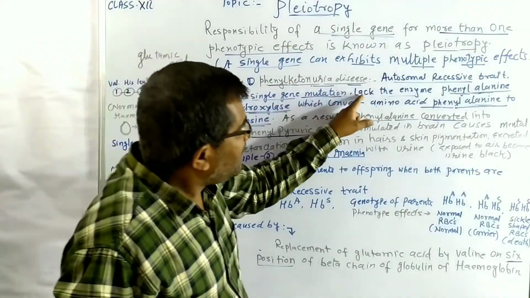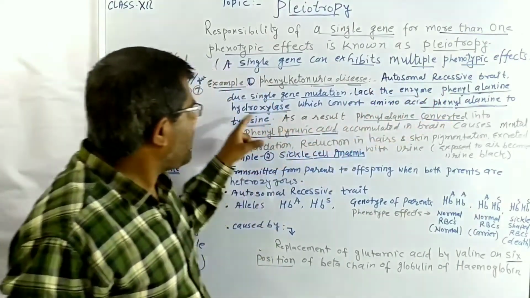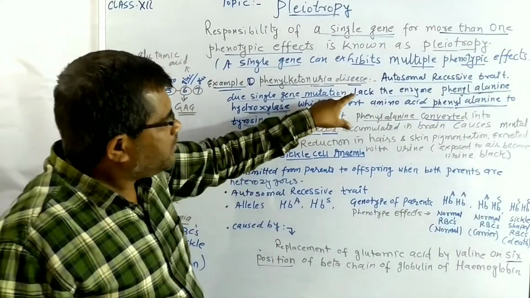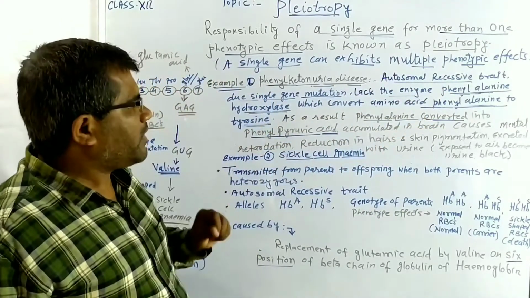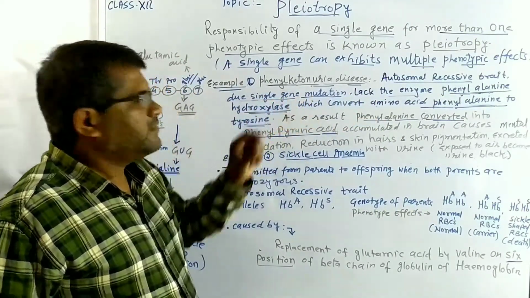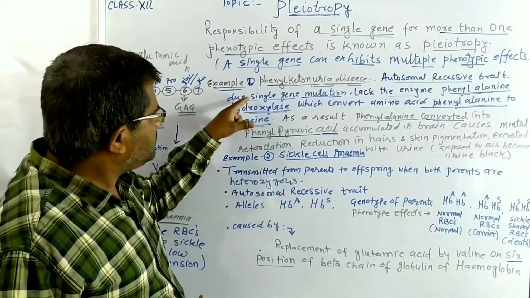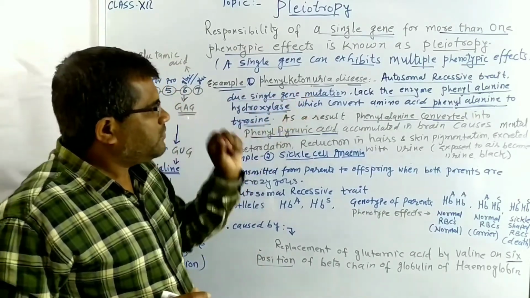But if there is a lack of this enzyme, it means there is a shortage of phenylalanine hydroxylase due to lack of secretion. Why the lack of secretion? Due to the single gene mutation.